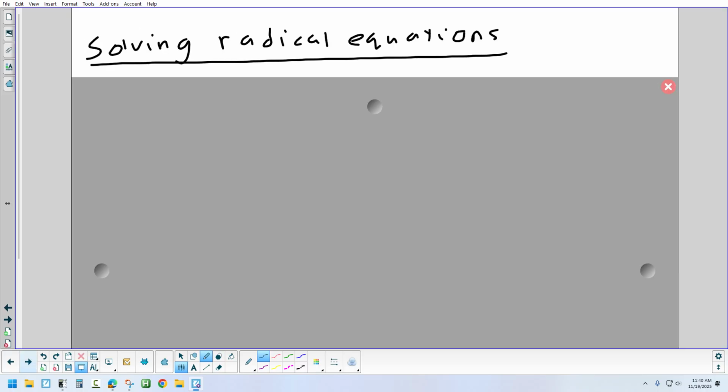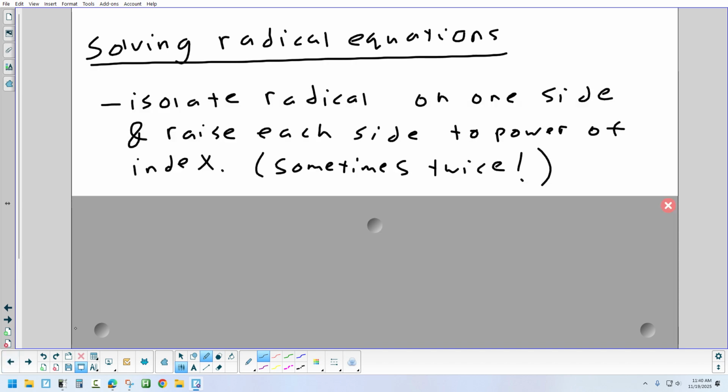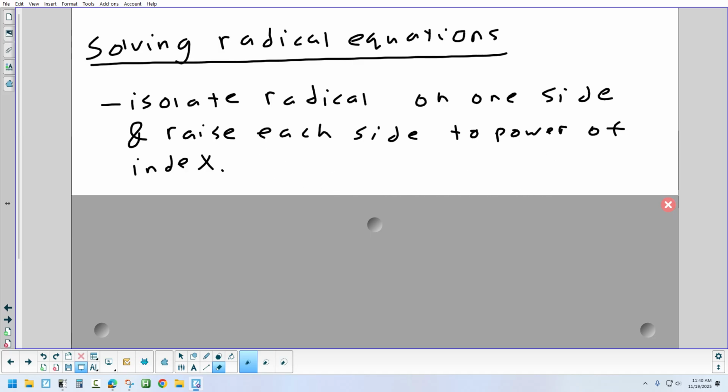And then the last thing we're going to look at is just solving a couple equations. One or two we'll do by hand, and then one I'll show you how to do on the calculator. The important thing with solving a radical equation is you have to make sure the radical is by itself.